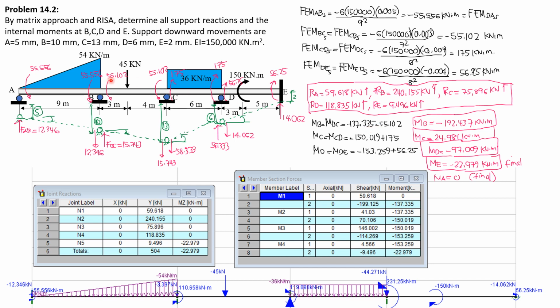Then we have to add this moment here for BC. This is counterclockwise, so minus 55.102. So the final moment at B is negative 192.47 kilonewton meter. This is actually clockwise rotation because counterclockwise moment is positive in the software. But that's the final value.